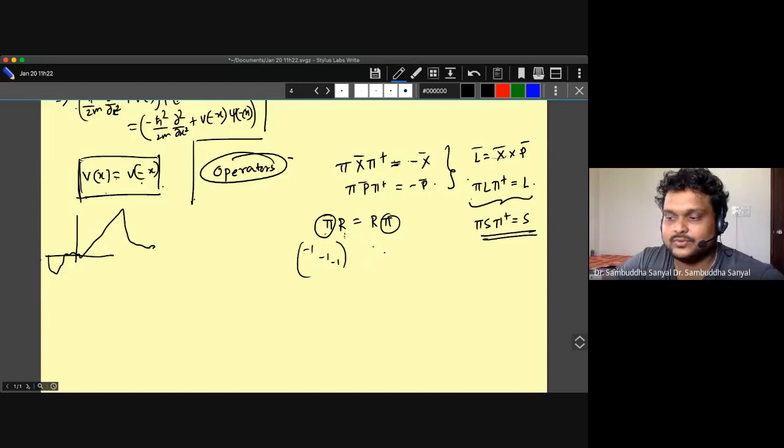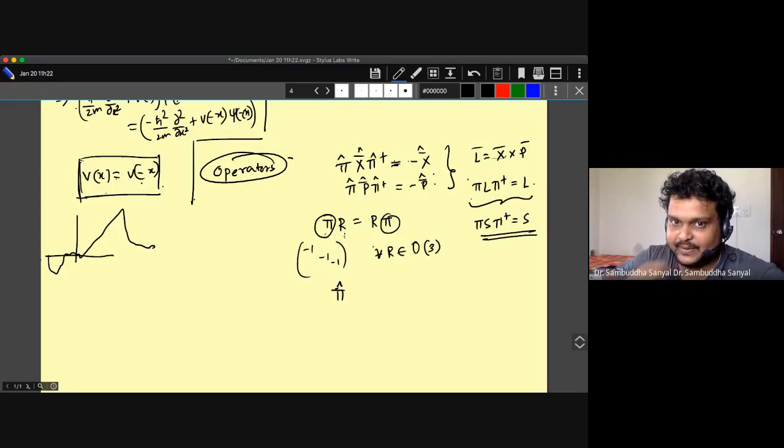Now if this is true for all R that belongs to SO(3) or O(3), then we want this to be true also for the representation of R. If I now look at the quantum operator, that's why I should put a cap to differentiate quantum and classical.